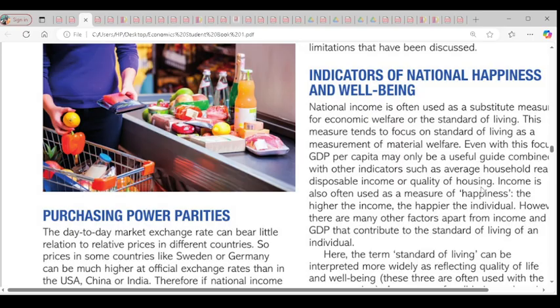Not forgetting that GDP per capita may be used with other indicators such as the average household income, or household disposable income, or the quality of housing to decide the living standard. So not only GDP per capita can we use to measure the living standard, we can also measure it with the quality of life people live and their level of disposable income.